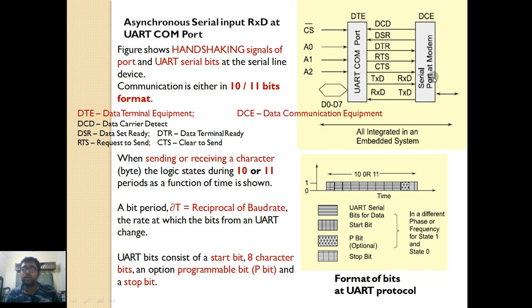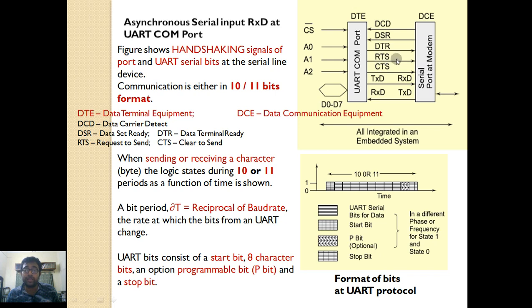If we take a close look, this is the data bus. These are signals, the UART communication port. Now this is the clear to send signal. This is the data terminal ready signal. This is the RTS. RTS means request to send. This is the request that has been sent from the UART communication port to the serial port at the modem.